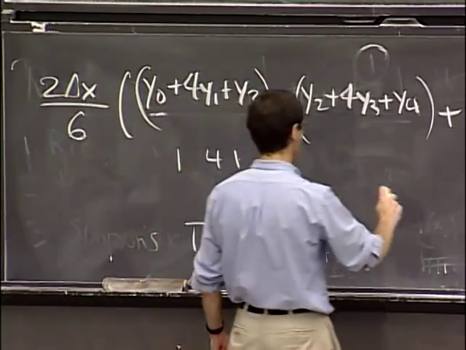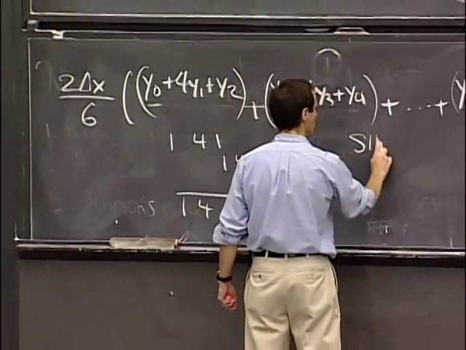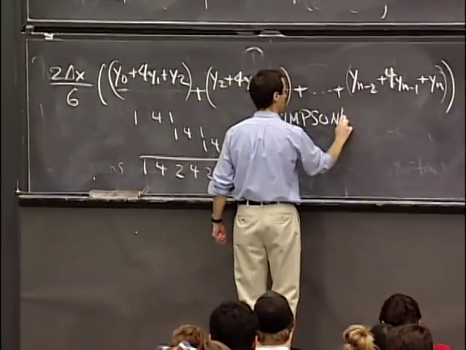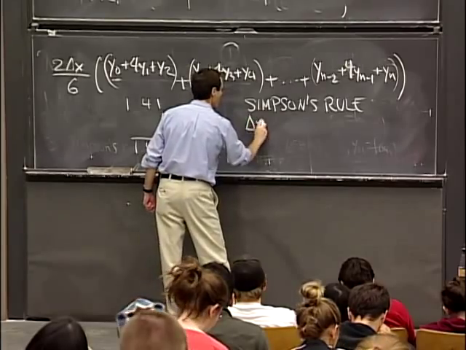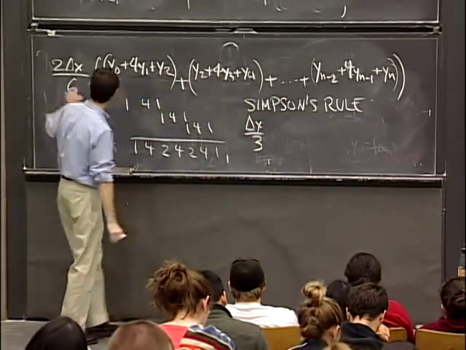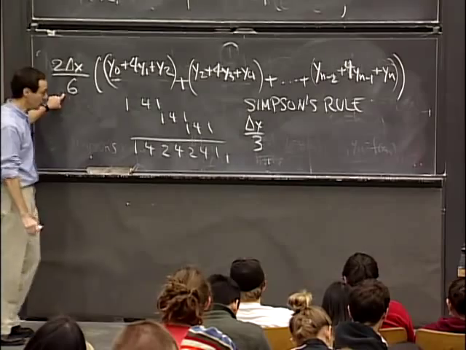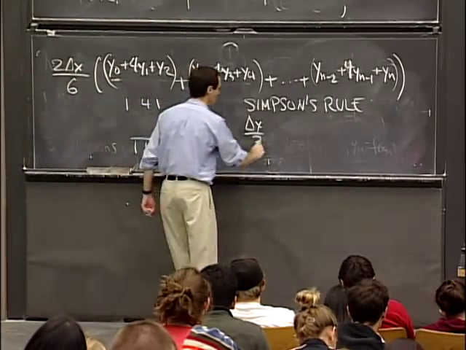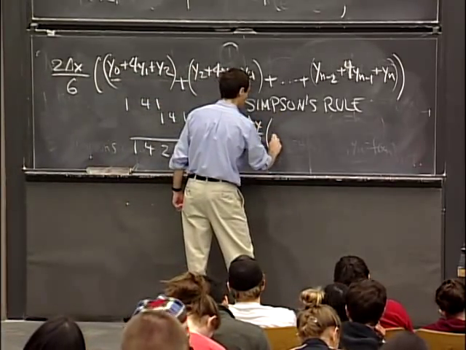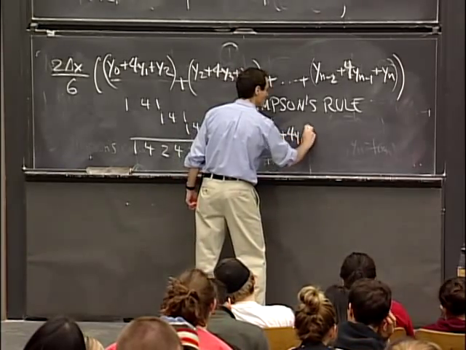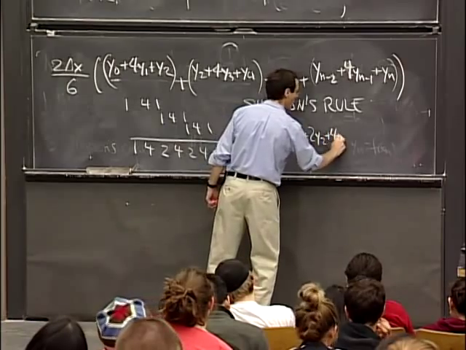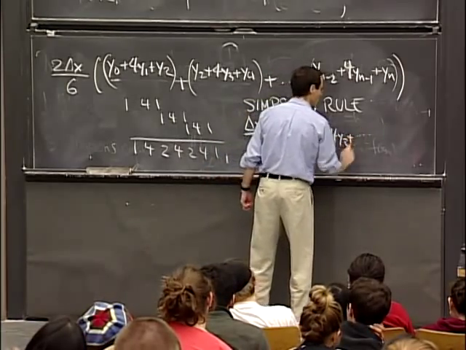All right? So the full pattern of Simpson's rule is delta x divided by 3. I have now succeeded in canceling this 2 with this 6 and getting out that factor of 2. And then here I have y0 plus 4y1 plus 2y2 plus 4y3 plus, it keeps on going.